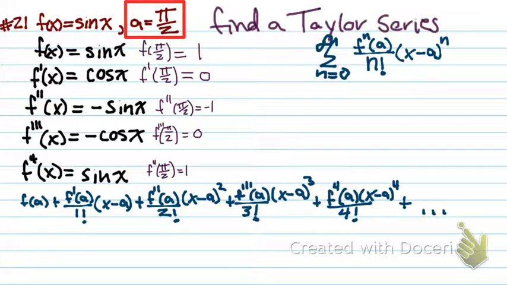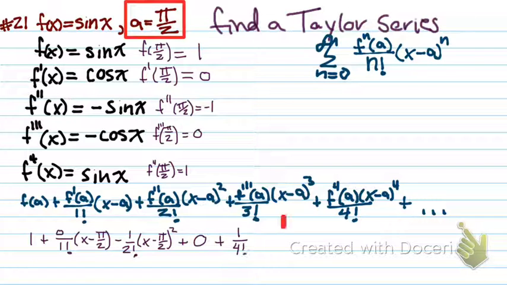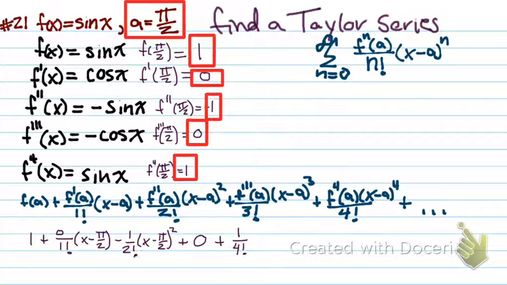Four terms for now is good, because they want the first 4 non-zero terms. So that's 1 plus 0, and notice what I'm doing: I'm putting these values in here, here, here, here.